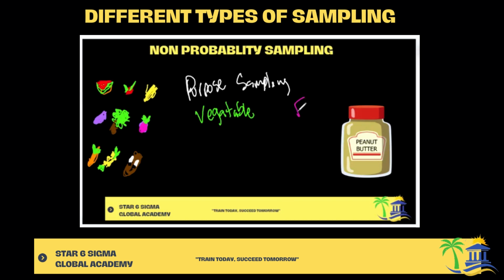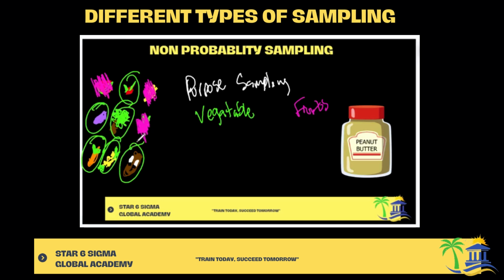That means that the fruits aren't being selected. So I'll get rid of the fruit in here. And that leaves us with our sample of our vegetables.